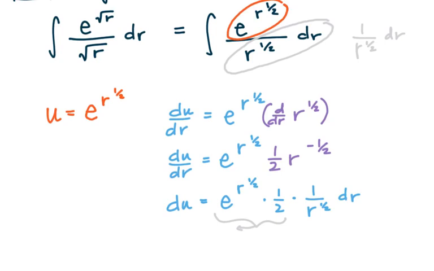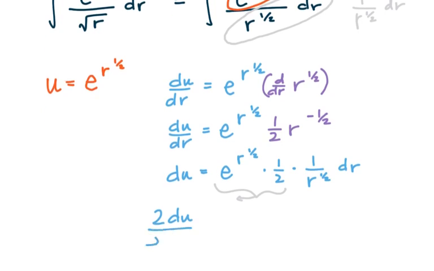So dividing by 1/2 is going to give me 2 du, and dividing by e to the r to the 1/2, I'm left with 1 over r to the 1/2 dr. So all I've done is some algebraic manipulation to make this work. Pause the video and make sure you understand all of my algebra because this is a true statement.